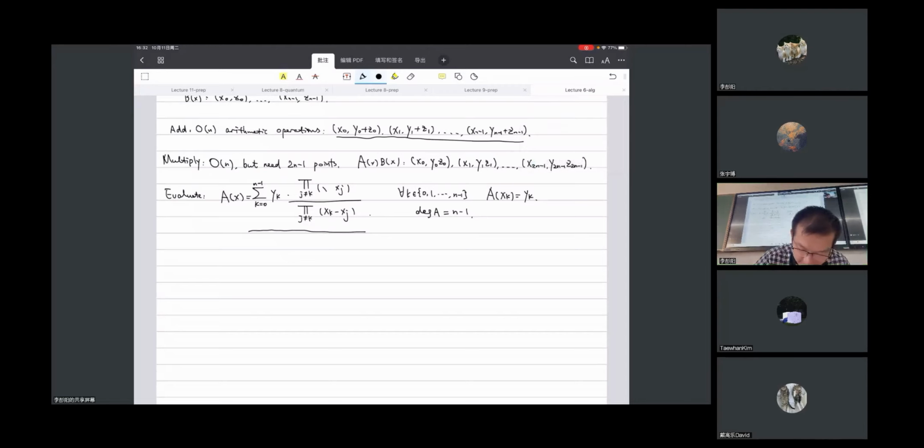So this a(x), this form, has a known name in mathematics. This is called the Lagrange interpolation formula.